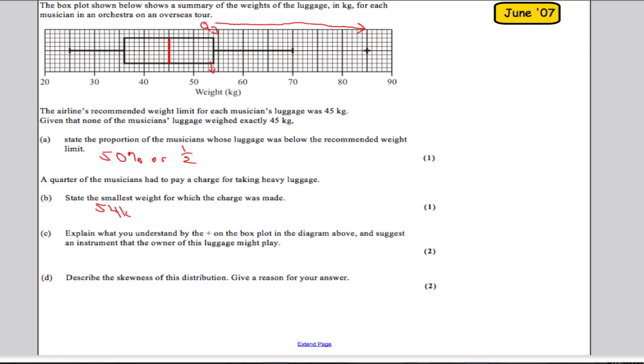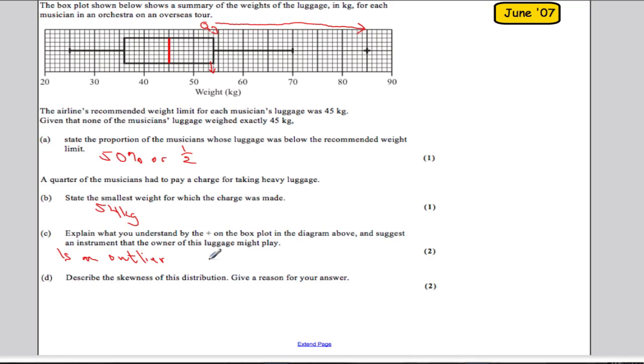Explain what you understand by the plus on the box plot in the diagram and suggest an instrument that the owner of this luggage might play. So the cross, or the plus, is an outlier, and that means it was a particularly heavy instrument.